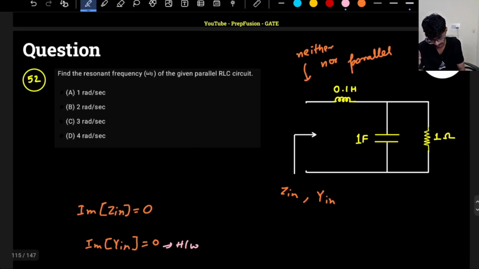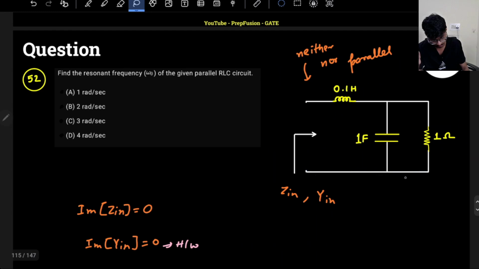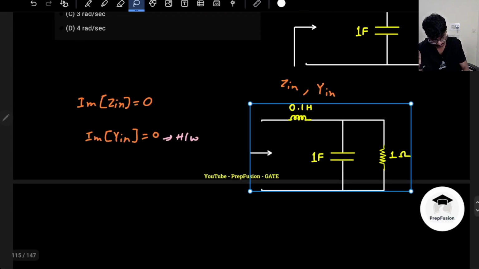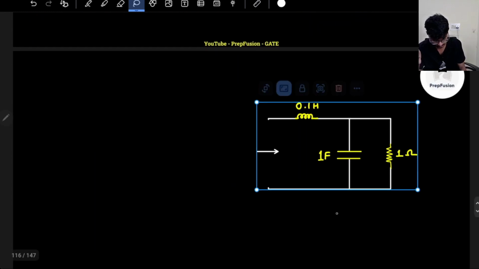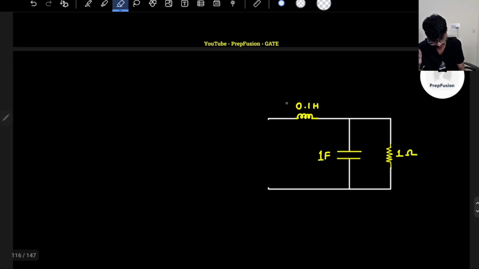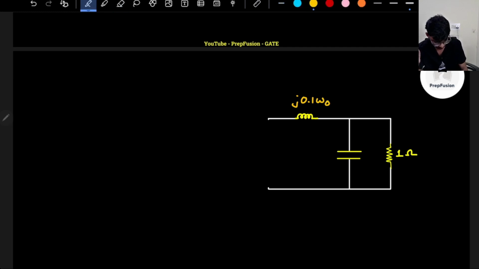So how can this circuit be converted in terms of the reactances? This will provide plus j 0.1 omega naught, and this will be 1 by j omega c.